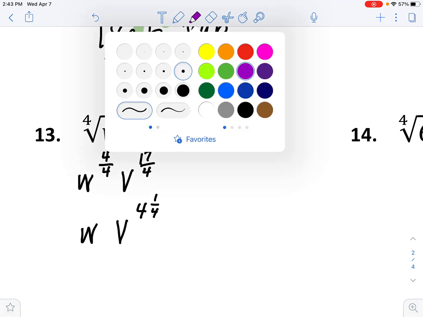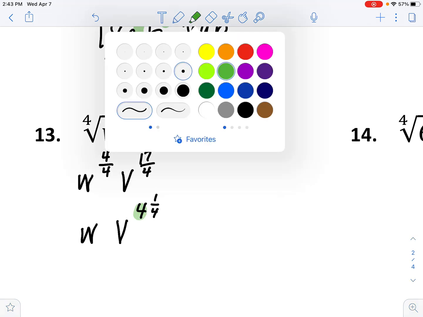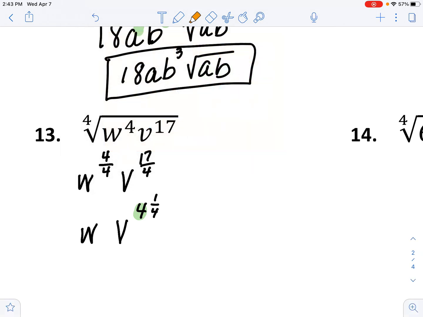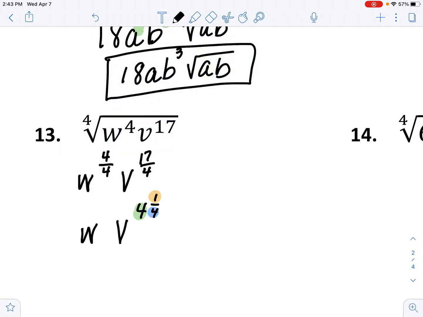So that means v to the 4th is getting out of the radical, and 1v, because of the numerator being 1 of our fraction part, is going to stay inside. So we have wv to the 4th, and then 4th root of v to the 1st, which is just v.